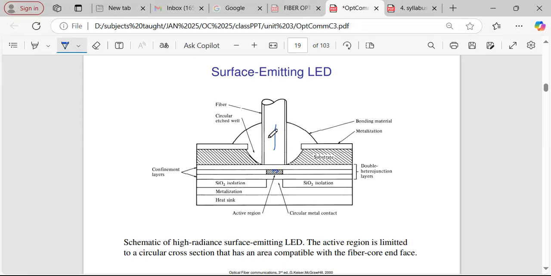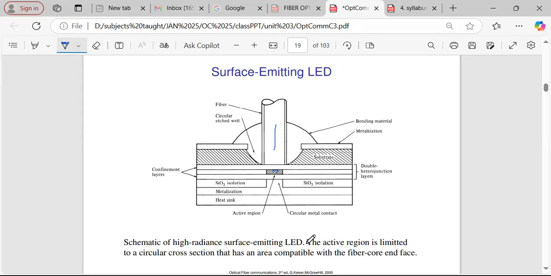So this is cemented in this circular area, and this is the bonding material, and here we can see the silica oxide isolation layer. This is the heat sink, in order to absorb the heat generated during the recombination of the electron, carrier, majority carrier or minority carrier.